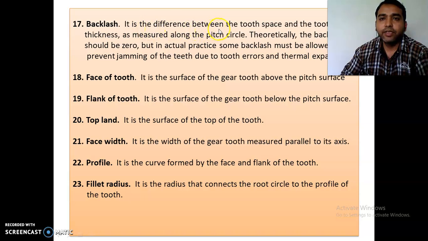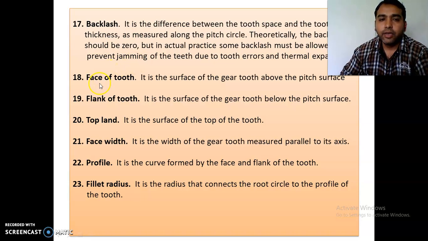Theoretically, backlash should be 0, but in actual practice, some backlash must be allowed to prevent jamming. If you do not provide the backlash, the gears are jammed. So that's why we provide the backlash.